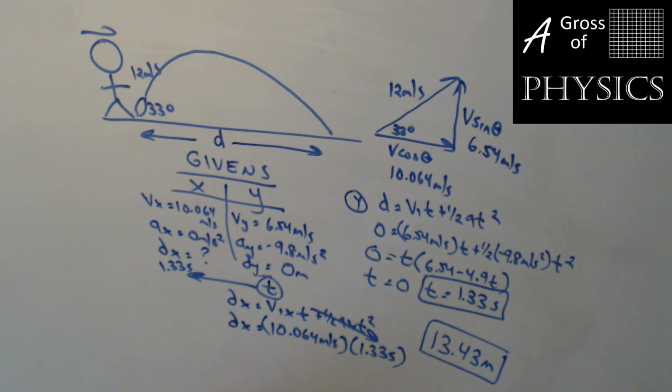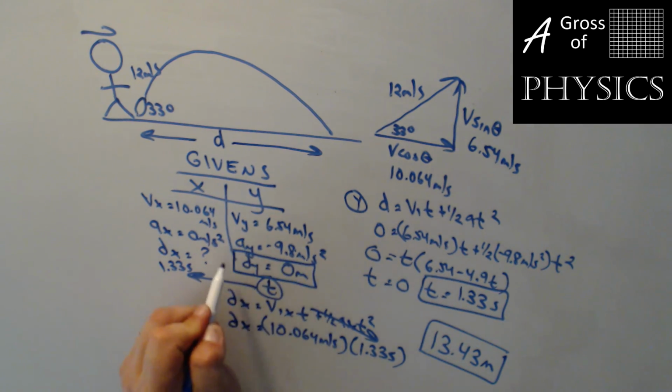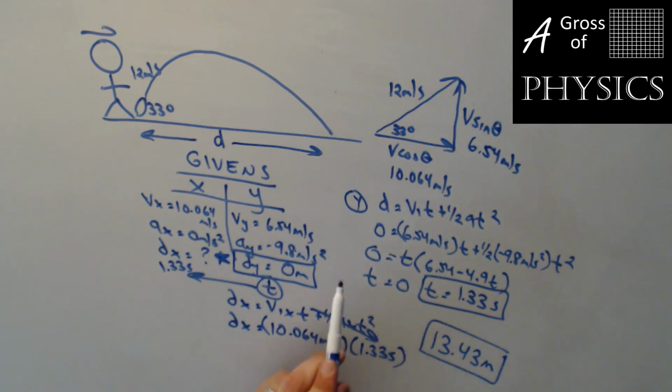So the ball lands 13.43 meters downfield. It lands at the same height it was launched from, so the key to this problem is that dy is 0, and then we're able to factor out the t and solve for two t terms.